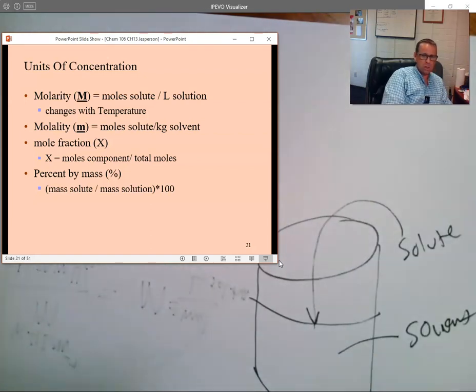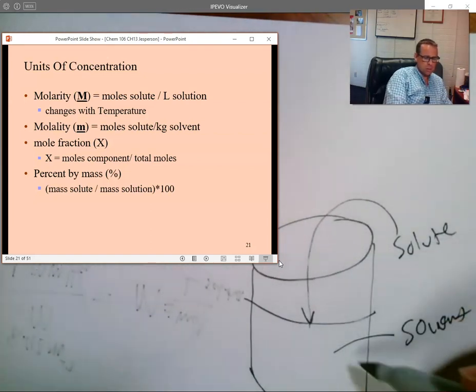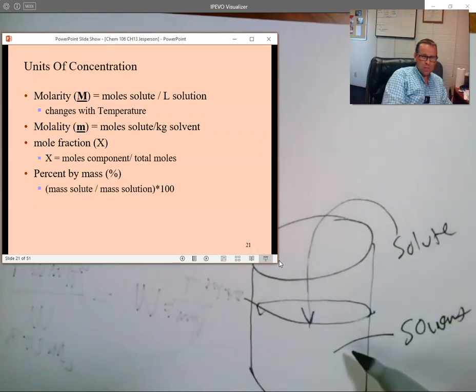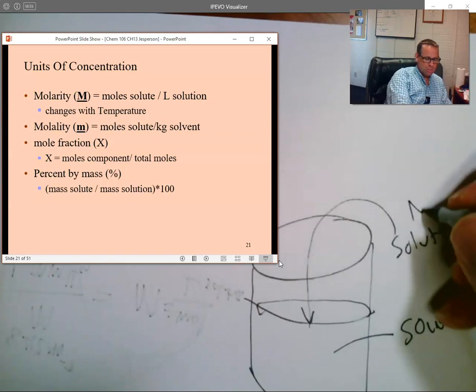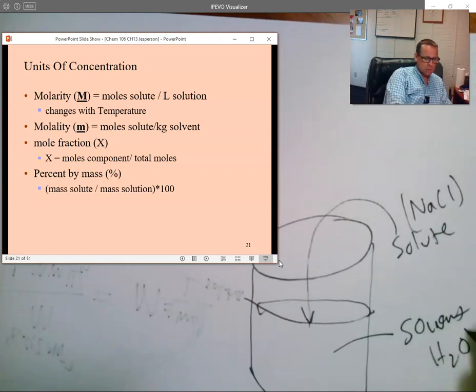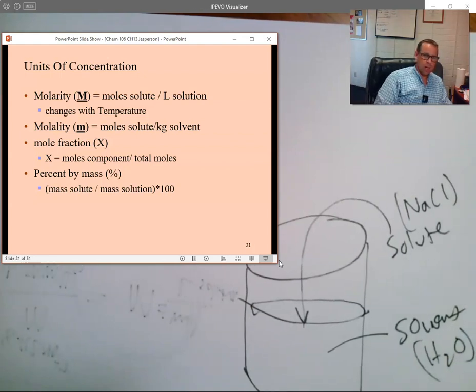So we put the solute in, and the solute dissolves into the solvent. Our typical scenario that we would use as an example is something like sodium chloride and water, all right?